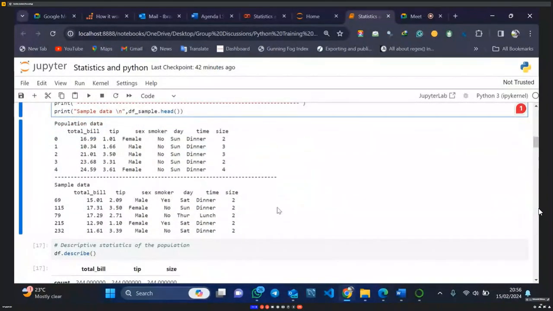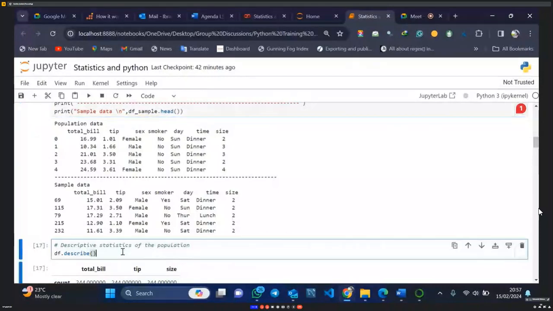And the top 5, we can see we have index 69, 115, 79, 215, and 232. These are numbers. So it has selected randomly from that data and gave us this data. We still have the total bill, the tip, the sex, the smoker, the day, time, and size.